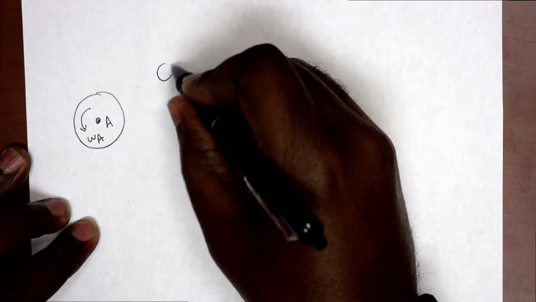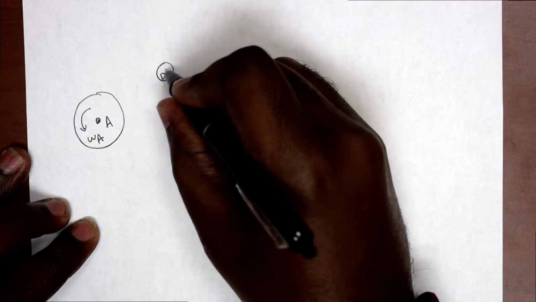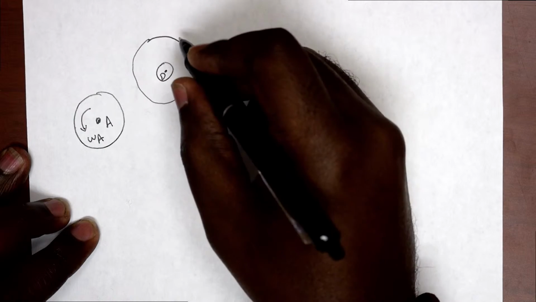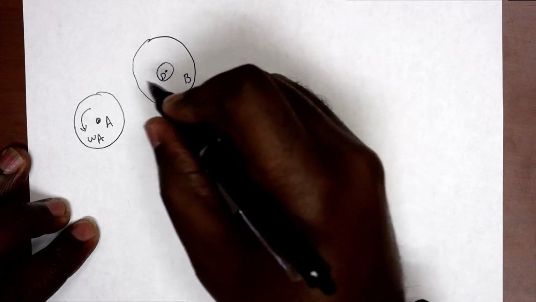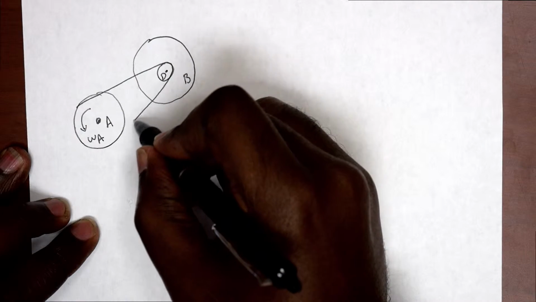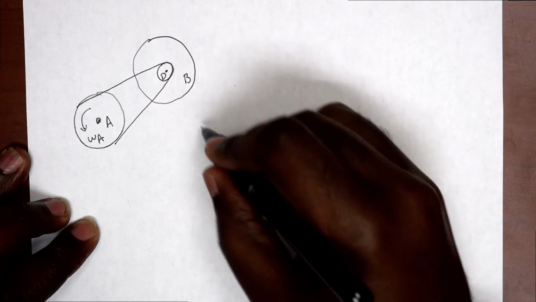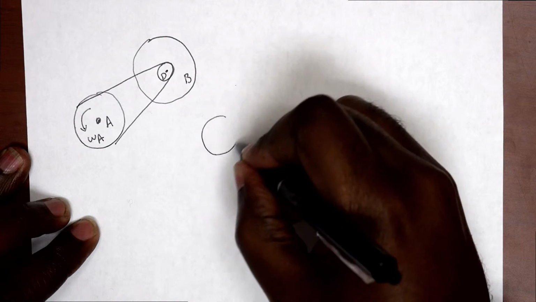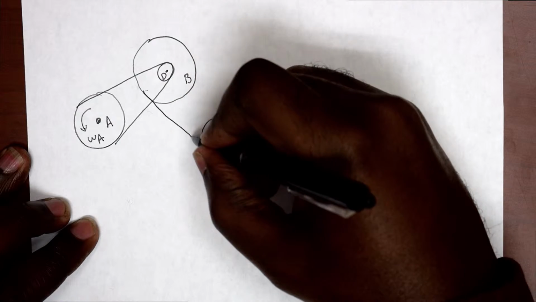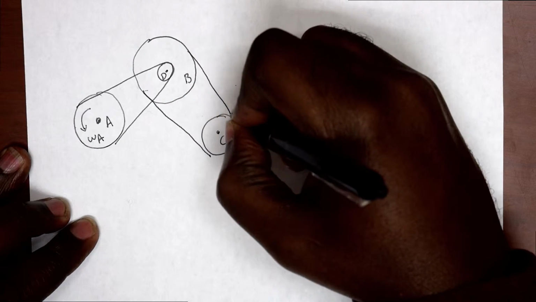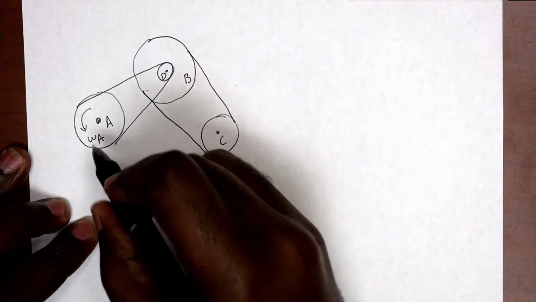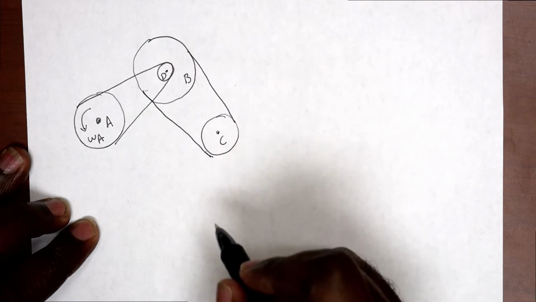And we also have our smaller pulley here, which is D, which is rigidly attached to a larger pulley, which would be B. And so our first connection is between the pulley A and the pulley D, and then lastly we have the pulley C over here, and that is connected to the pulley B. So that's our last connection there. So we have A, B, D, and C.